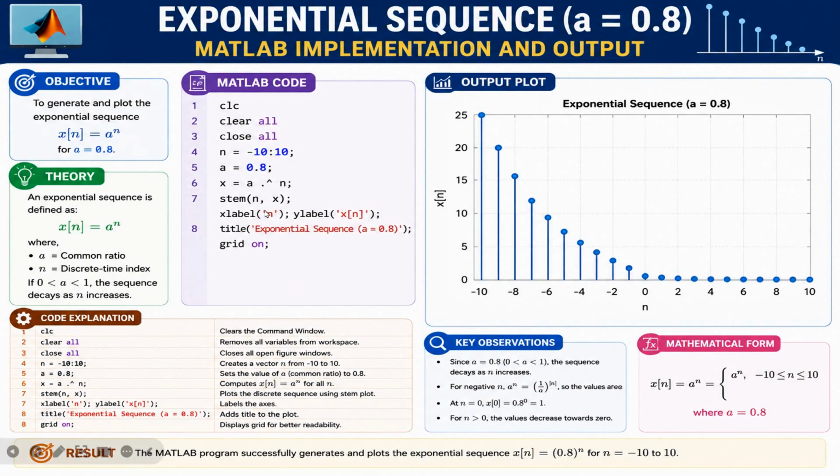Then you have stem n comma x, which will plot the sequence as a discrete time signal. Here we are getting the discrete values, so it is a discrete time signal by using this stem n comma x. Then you have xlabel, ylabel, and the title, which adds labels and title to the graph.